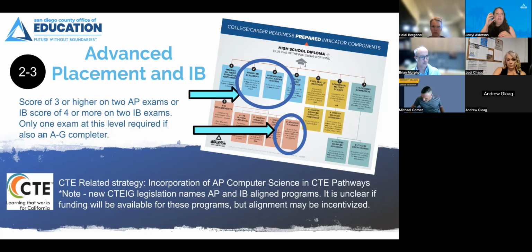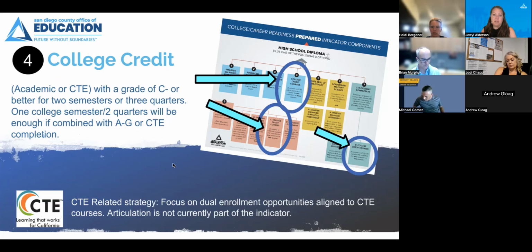Most of the time, it's going to be computer science, where we see the ability to use CTE incentive grant funding in order to support those students. So computer science would be a place where if you're looking for additional AP, then you could spend that money on supporting your computer science students for CTIG.